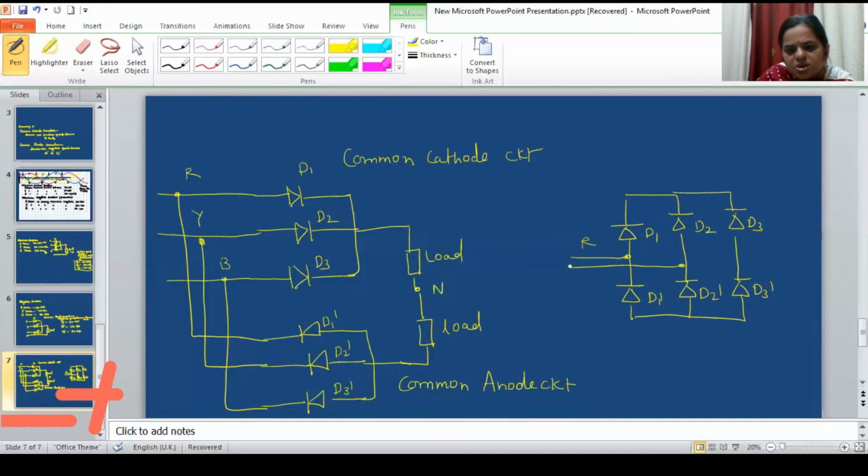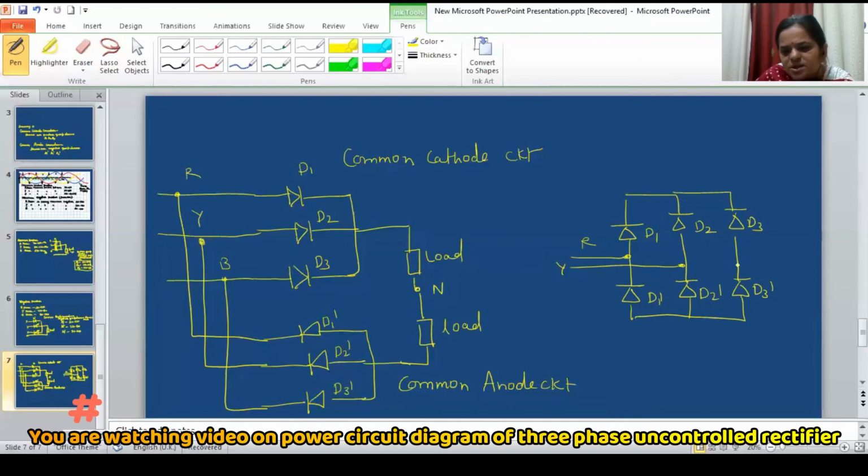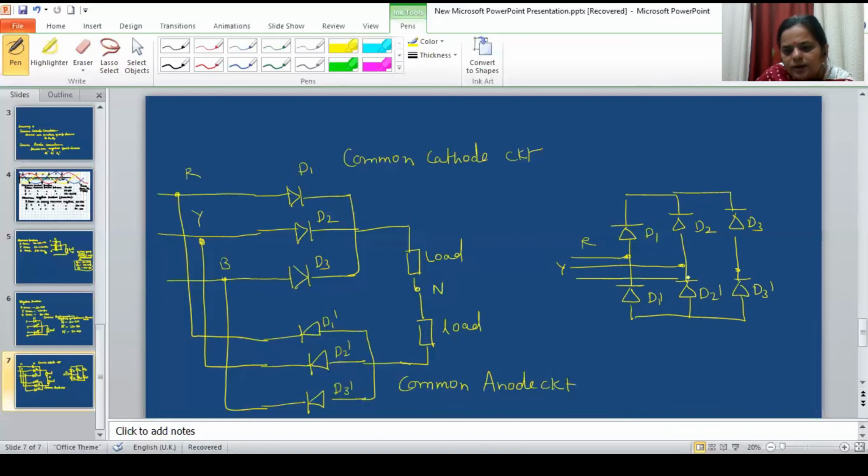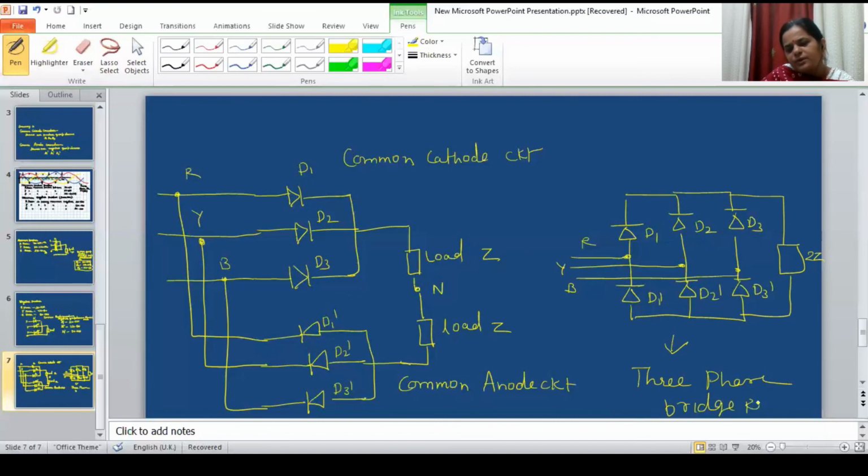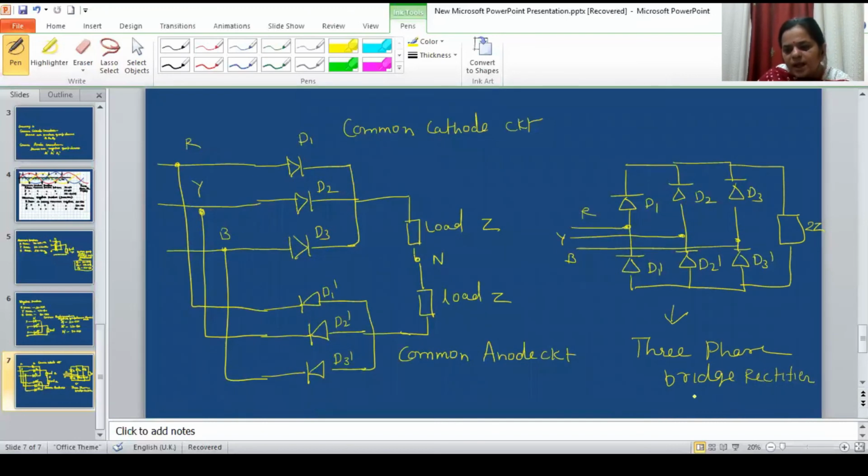Between D2 and D2 dash it's Y phase, and between D3 and D3 dash there will be B phase. And since these two loads are in series, I can convert that into a series connected load. If it is Z, this is Z, so it will be 2Z. So this is nothing but a three-phase bridge rectifier circuit, which originated from the common anode and common cathode circuits.